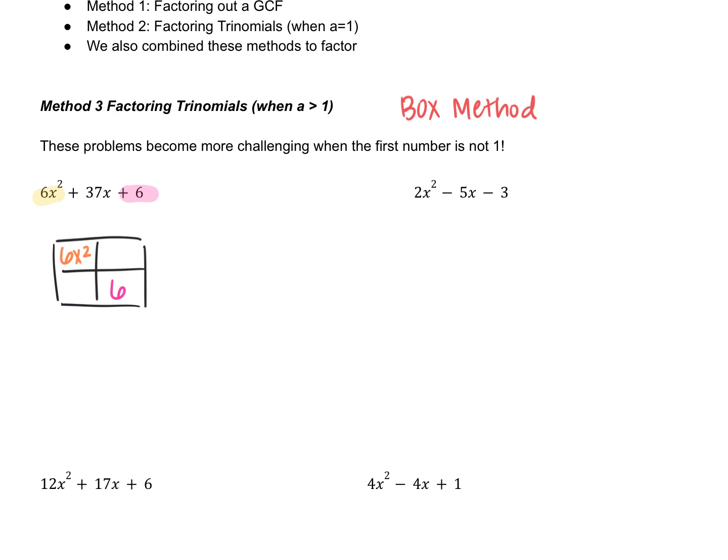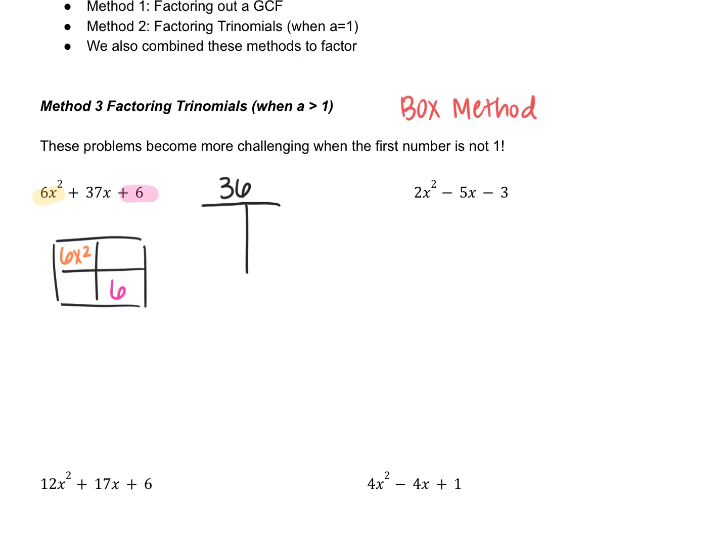Now where it differs is I'm not looking for the numbers that multiply to 6 and add to 37, because obviously they don't exist. What ends up happening when you distribute is you actually end up multiplying, so when you distribute your x term, instead of having x times 3 to get 3x, I'm going to have a number in front of x other than 1, like 2x or 4x, and that ends up multiplying to my constant.